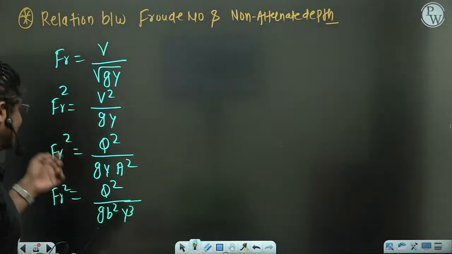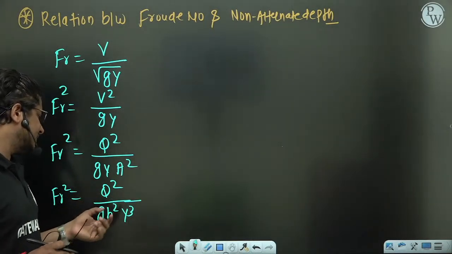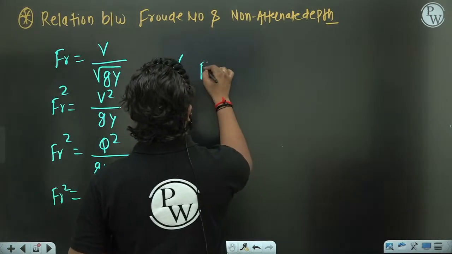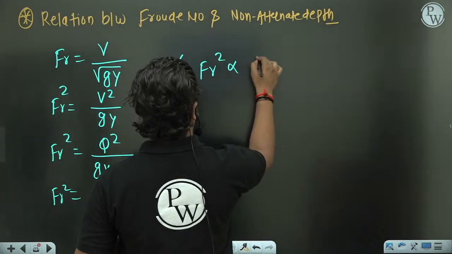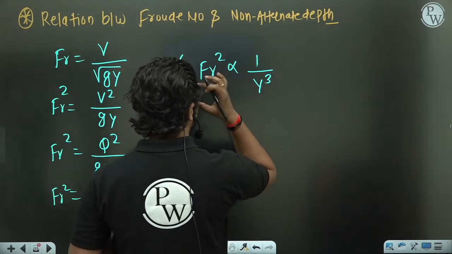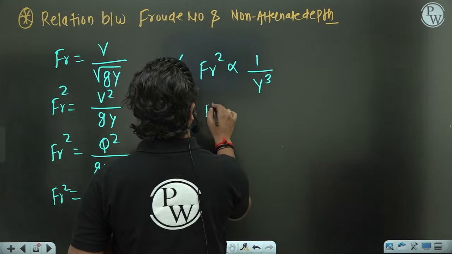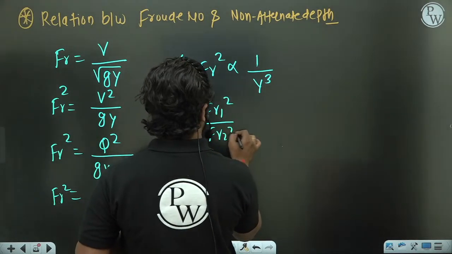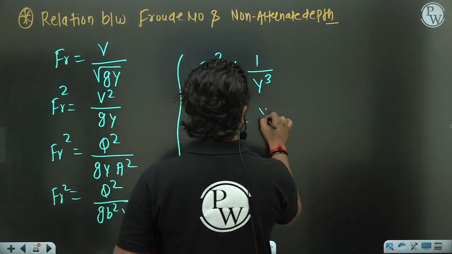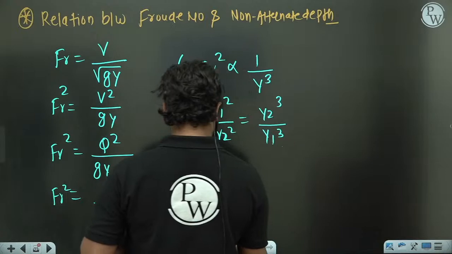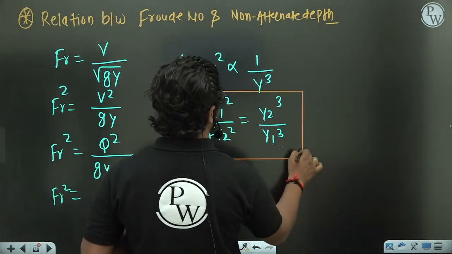As you can see here, Q is constant, g is constant, b is constant. So Fr squared is inversely proportional to y cube. So I can write the relation: Fr1 squared divided by Fr2 squared is equal to y2 cube divided by y1 cube.